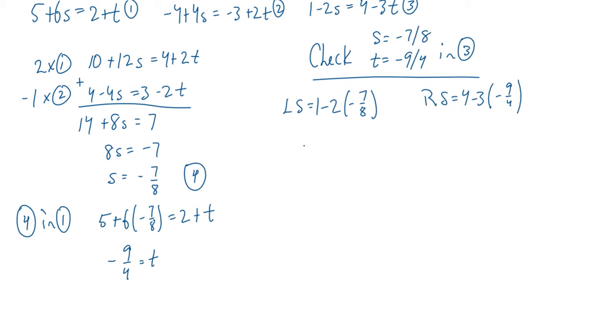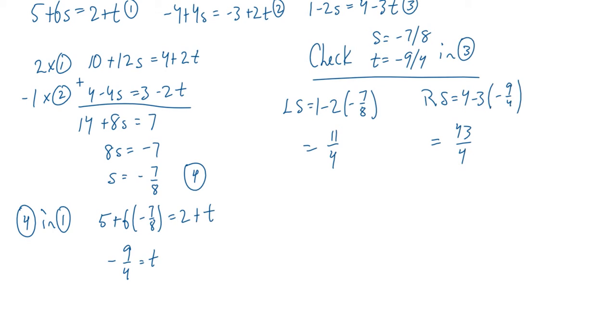And again, you might want to just use your calculator for this. And this is 1 plus 14 over 8, sorry, which works out to 11 over 4. And this is 4 plus 27 over 4, which works out to 43 over 4.